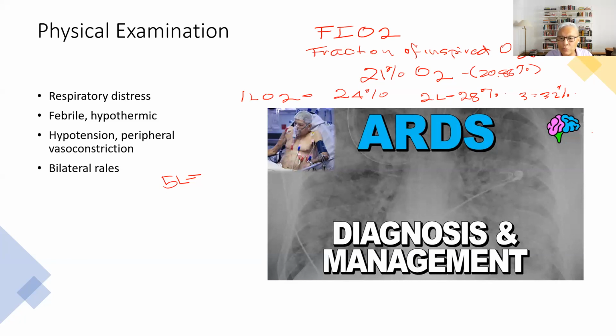The skin is going to be constricted, but the blood vessels are going to be dilated. And of course, during auscultation of the chest, there are diffuse crackles, which is going to be the sound of collapsed alveoli popping open with inspiration. So those are the findings that you're going to see in these patients.